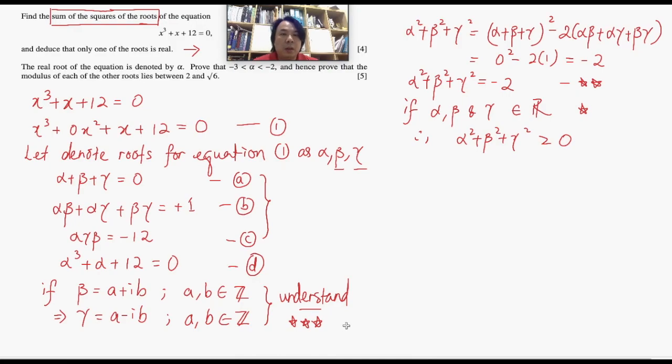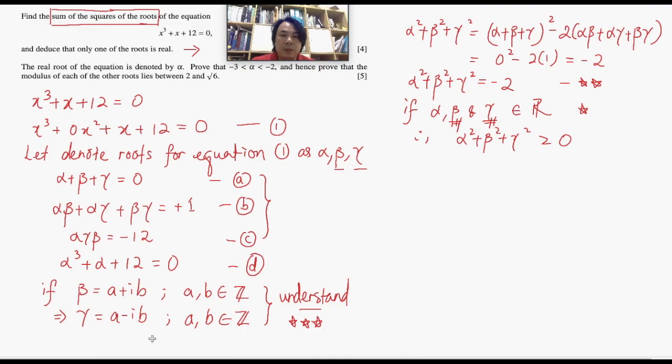We can say that since we are pretty confident that two of these roots are complex, let's make an assumption, this is just my assumption, let's assume that these two are the complex roots. Therefore, we can write beta and gamma in the general complex number format, which always come in a pair of conjugates to each other.